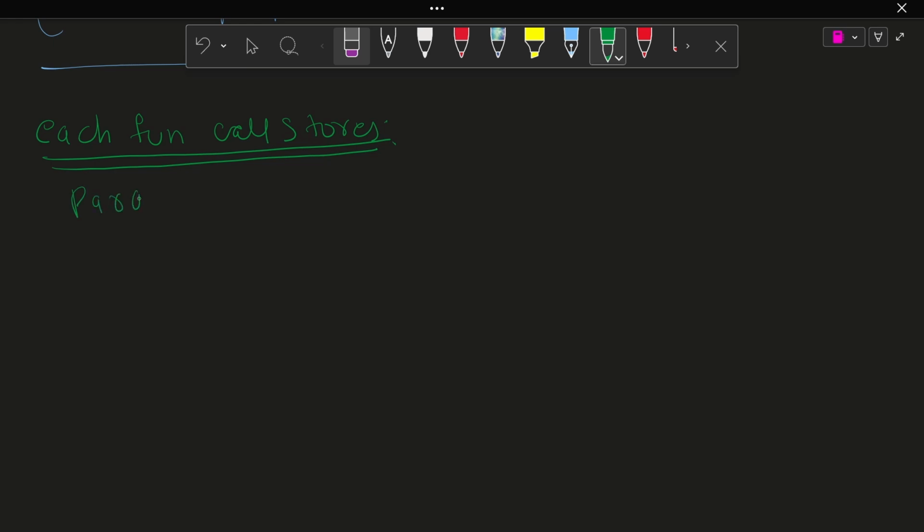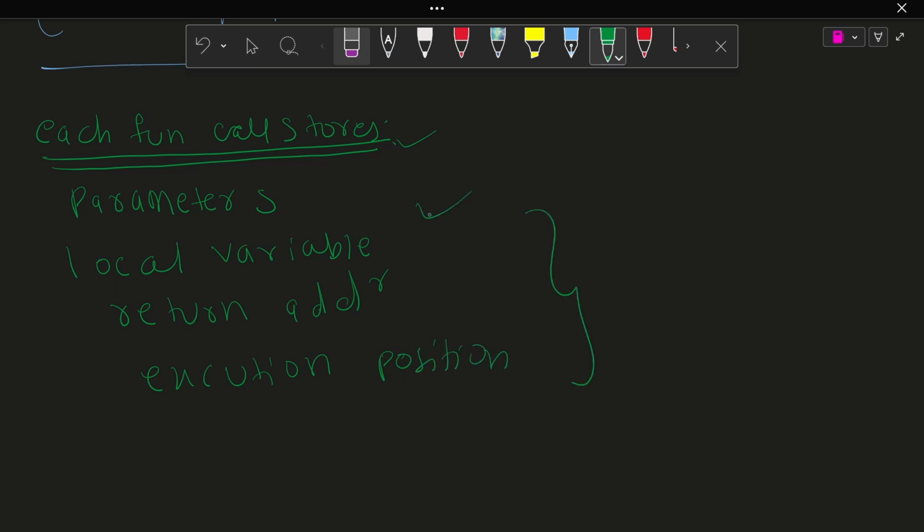Each function call will store parameters, which is very important, local variables, the return address, and the execution position. All four will be there for each and every function call that we make.